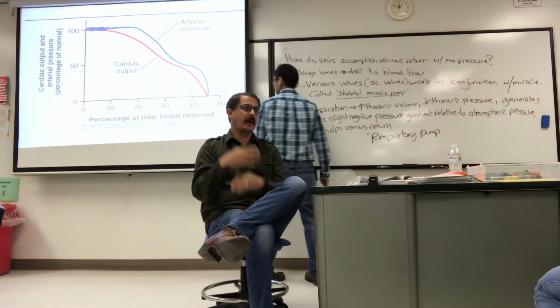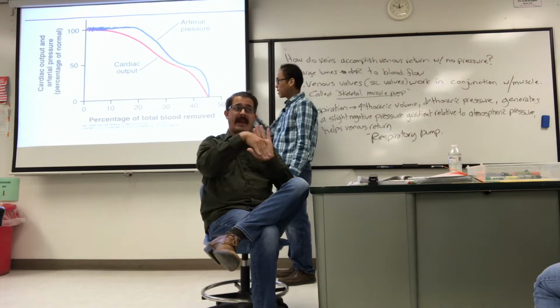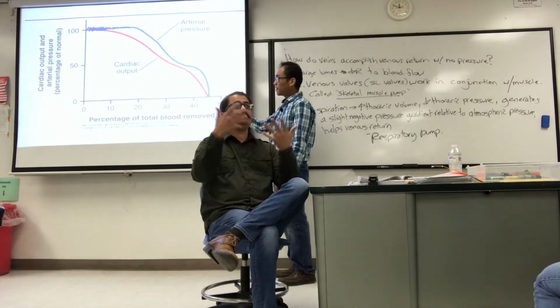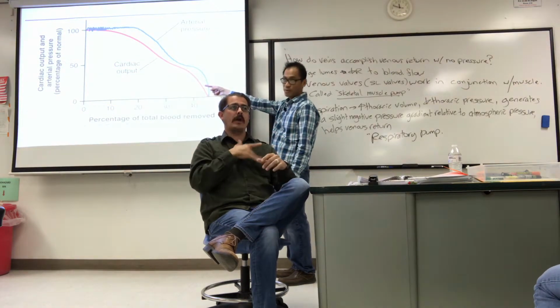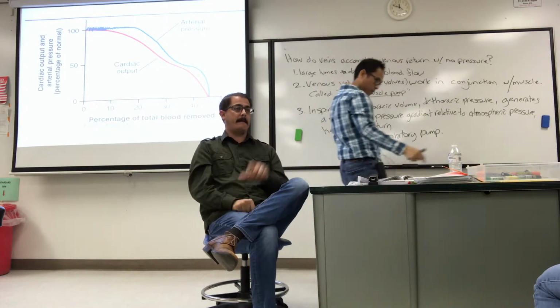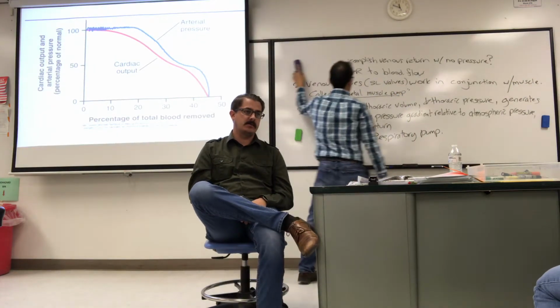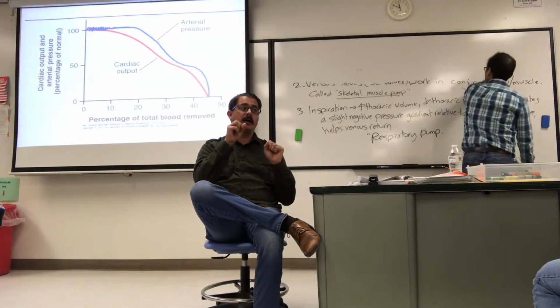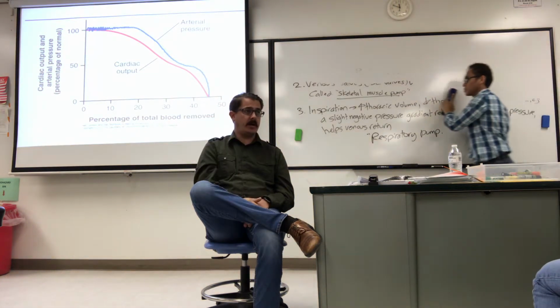Anyways, this is over a time course of about half an hour, with loss of blood on the x-axis, and percent normal cardiac output and arterial pressure on the y-axis. This could lead to shock. Shock is a lack of blood flow, where blood just stops circulating.